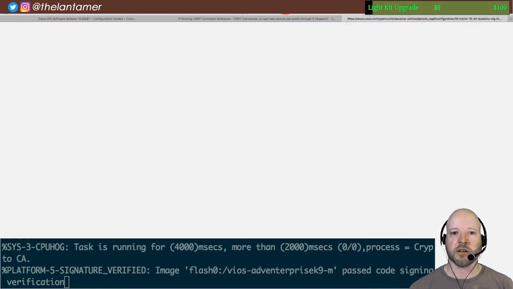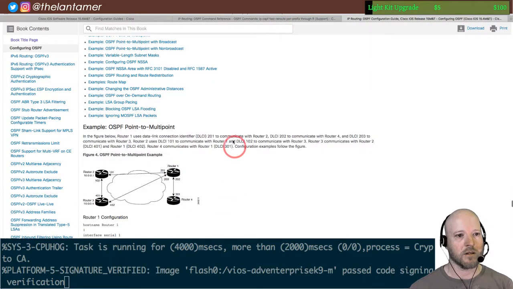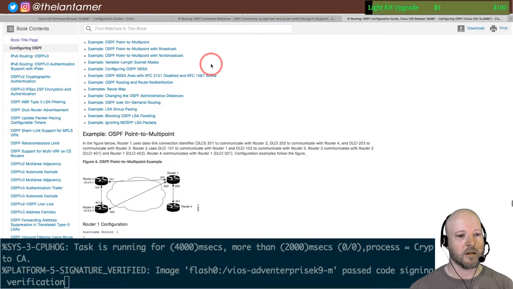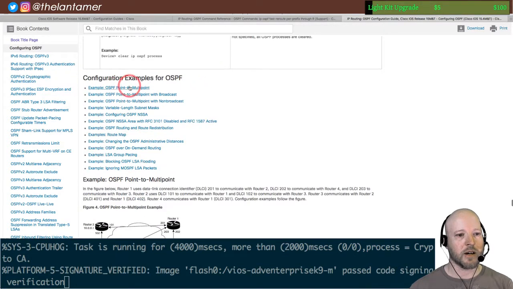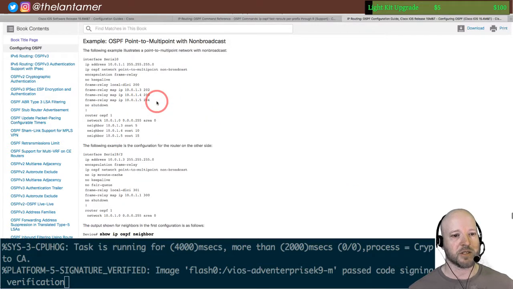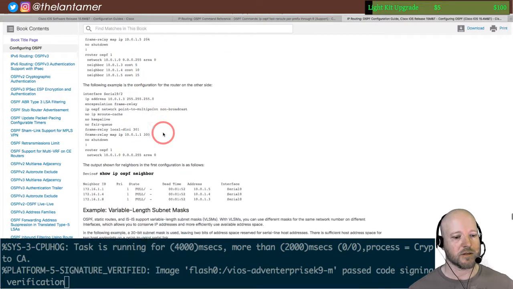Here we have OSPF point to multipoint: point to multipoint with broadcast and point to multipoint with non-broadcast. This is essentially our DMVPN. Looks like we're going to have to do the neighbor commands.